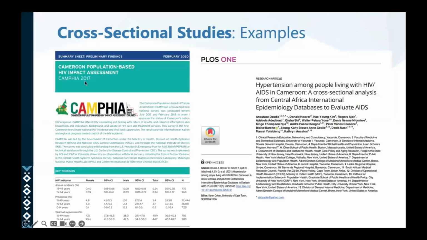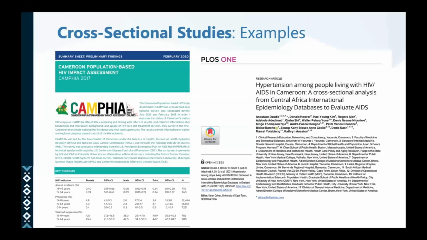So this is another example of a cross-sectional design, which is, I think, the biggest survey in HIV in Cameroon, the CAMPHIA, which is the Cameroon version of the PHIA studies. The CAMPHIA is a nationwide survey, designed almost like a census. So people go door to door and they screen for HIV and other parameters.